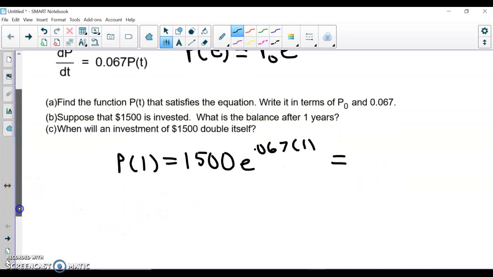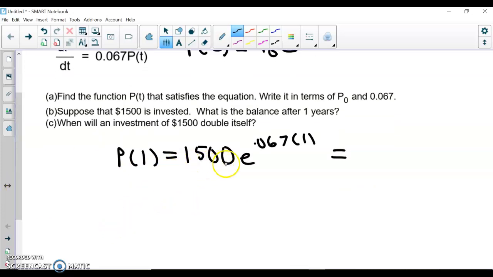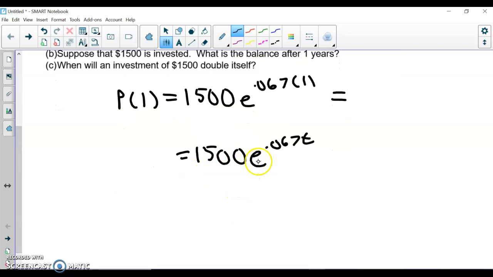And then for part C, remember, you could set this up. It would have to be a t, right? We are investing $1,500. e, we've got that growth rate. And the question is when, so we've got a t value, is it going to double itself? Well, remember, if we're doubling, we can approach this two ways. You can just continue with the model, right? 1,500 is going to be 3,000. And then you can divide out the 1,500.